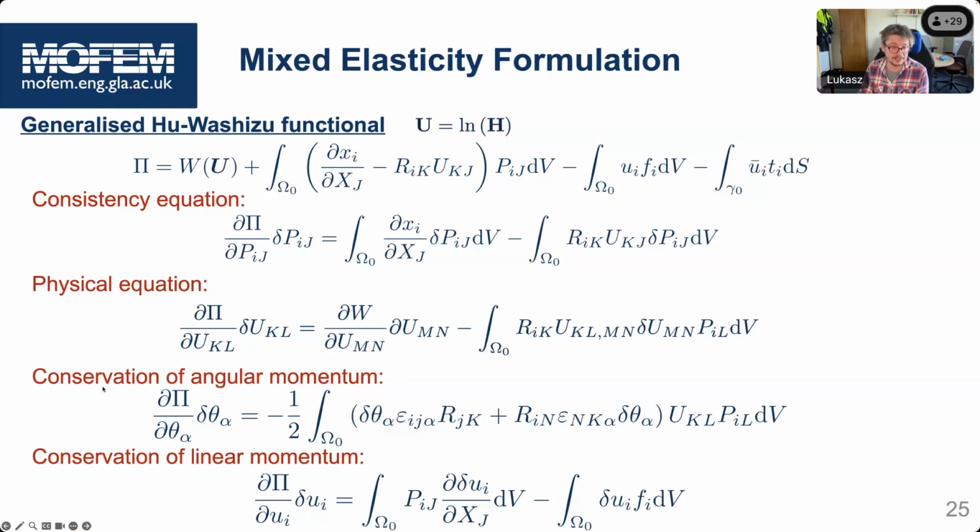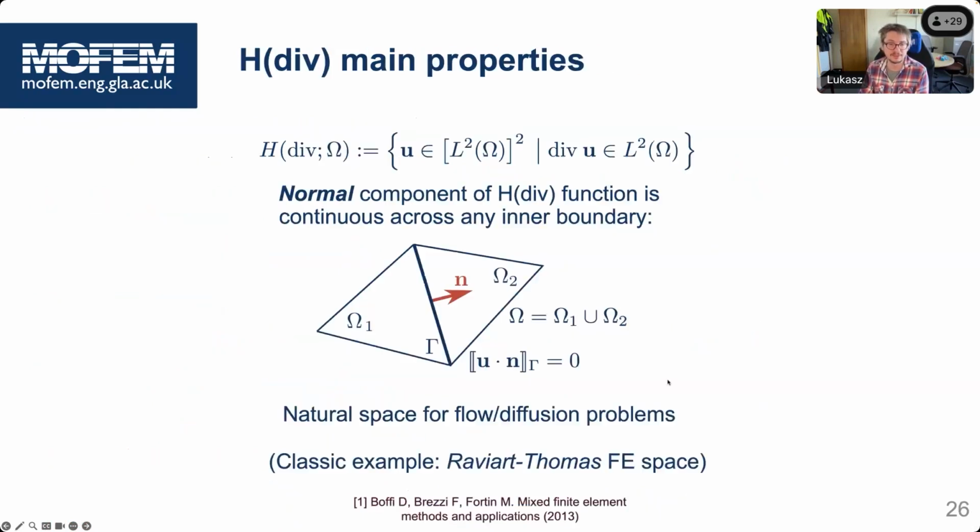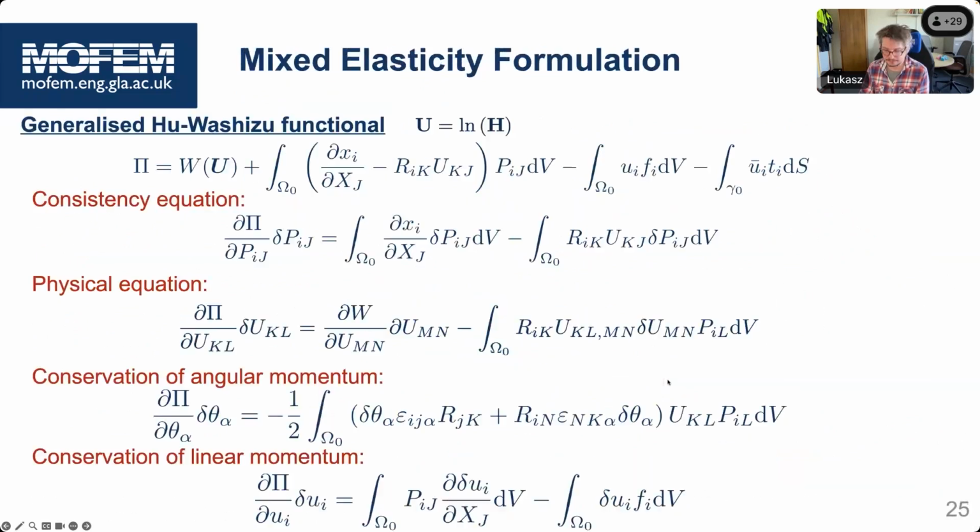Then you can get the conservation of angular momentum. This is the variation of the rotation. You can see over here stretch and Piola-Kirchhoff stress, and finally you have the conservation of linear momentum. So this is the system of equations which we will deploy on our problem, and then you will see what will happen later on with that.